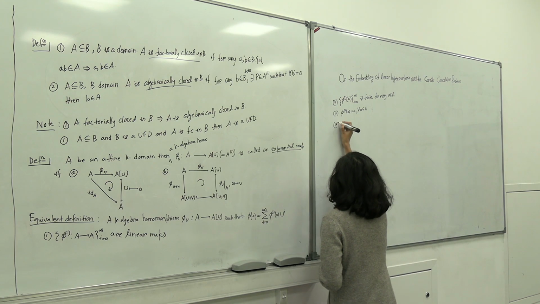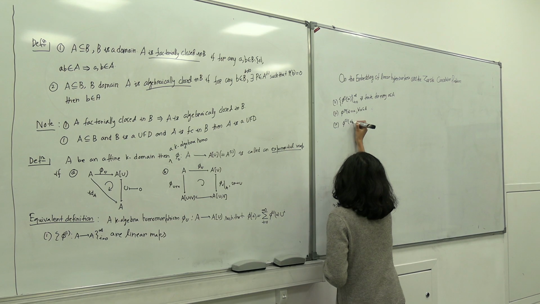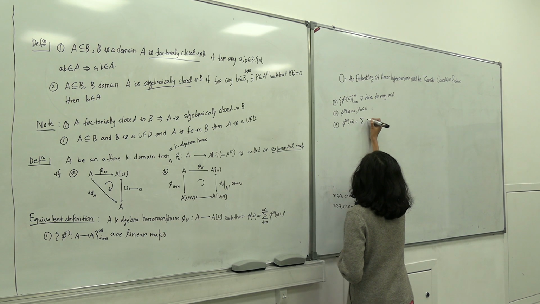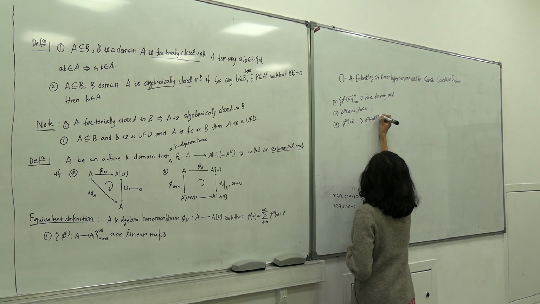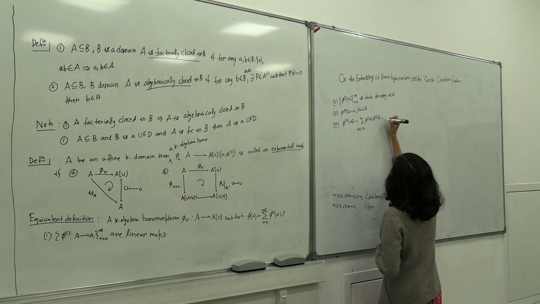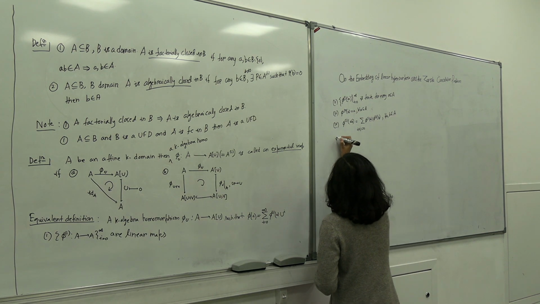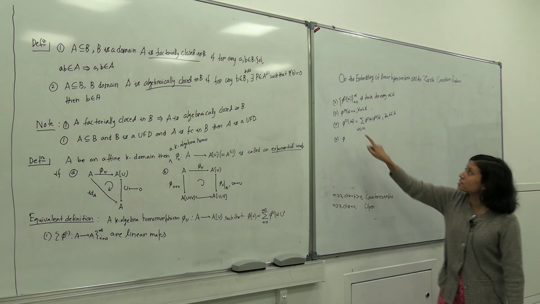Number 4 is the Leibniz rule, that is phi_n(ab) is the summation over i plus j equal to n of phi_i(a) phi_j(b), for all a, b inside A. And number 5 is that if I... Number 4, phi_i, what is the subscript? Up? This one?